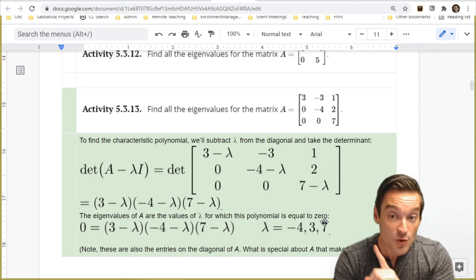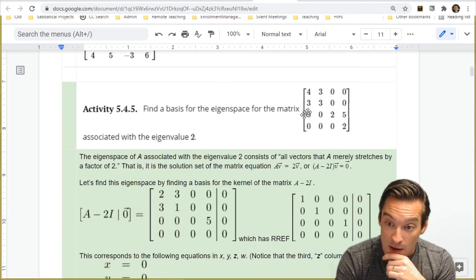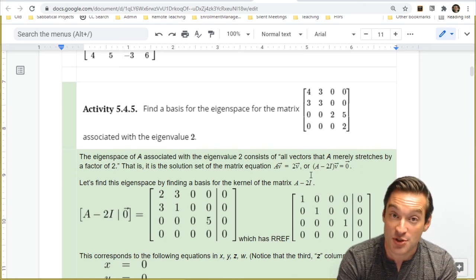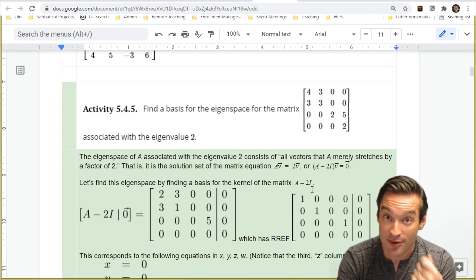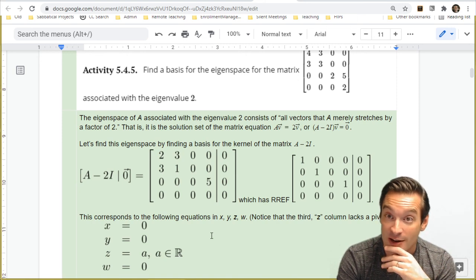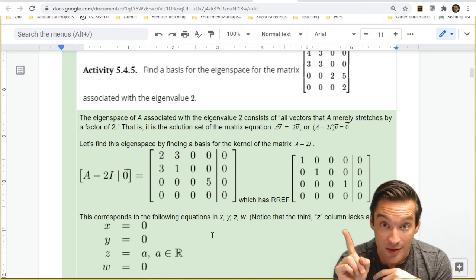Then we would take each one of those eigenvalues and find a basis for the solution set of the homogeneous equation associated with A minus that number times the identity. We do that by subtracting that number from each of the diagonal entries, and then using our kernel-finding process, solve the homogeneous equation, and we expect there to always be a non-pivot column.